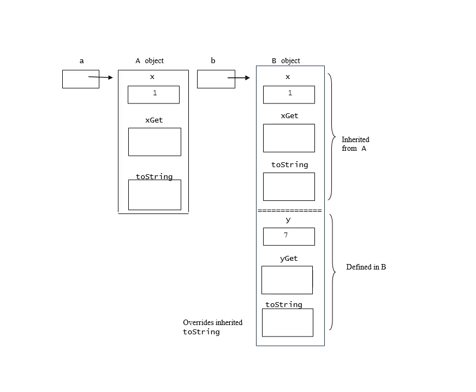But we also have a toString method that was specified in the B class. So the B object, therefore, is going to have one X variable, one getX, one Y variable, one getY, but it will have two toString methods. It will have two toString methods, the one that's inherited and the one that's defined in the B class.